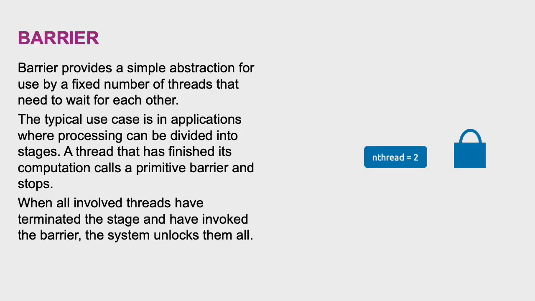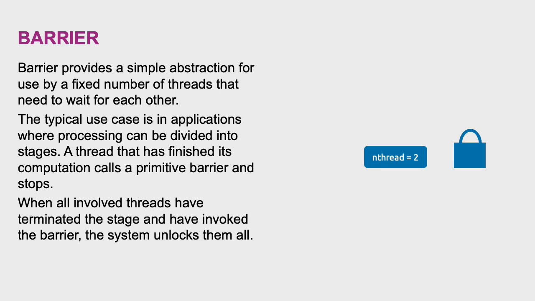A barrier provides a very simple abstraction for use by a fixed number of threads that need to wait for each other. There are different use cases. A typical one is in applications where processing can be divided into a sequence of stages.